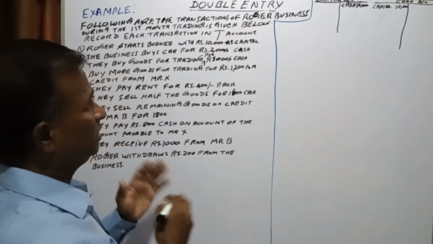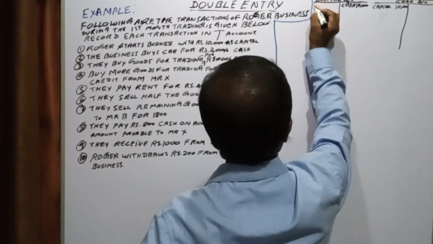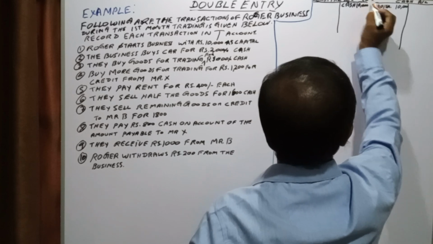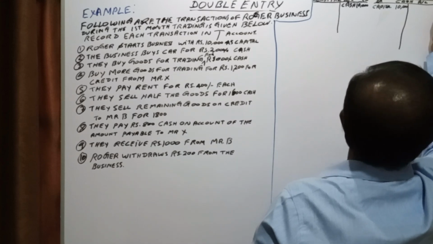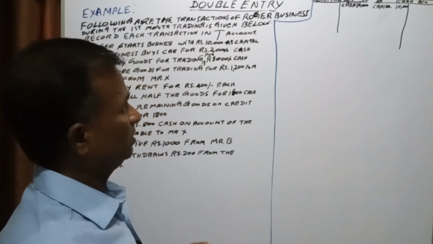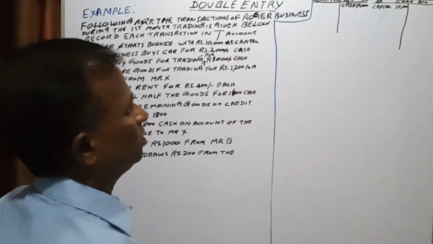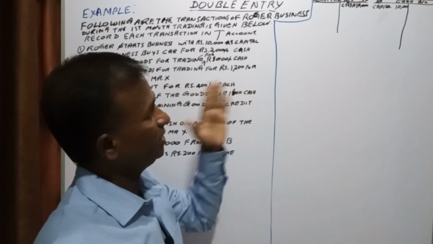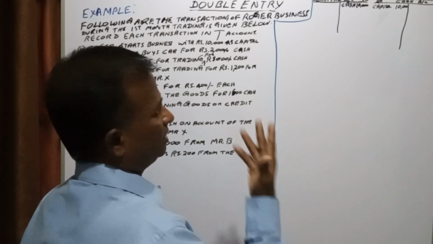So the double entry is completed, because this side is debit and this side is credit. Normally, on the left hand side you will have debit entries, and on the right hand side you will have credit entries.